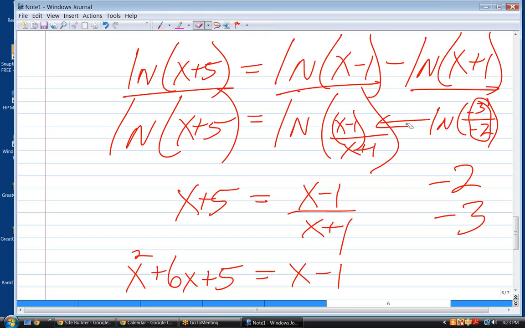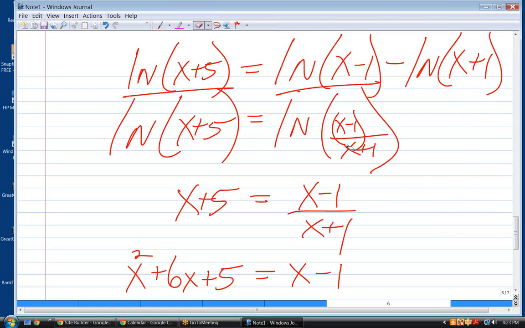So it's entirely possible that when you use one of the log rules, like we did here, to compress that, it produces an argument whose domain is not violated. But that's why it's extremely important to go to the original problem to see whether you have domain violation, and we do here with both answers. So this has no solution.